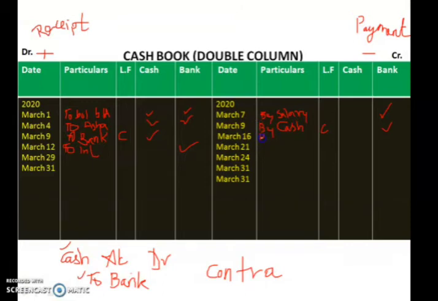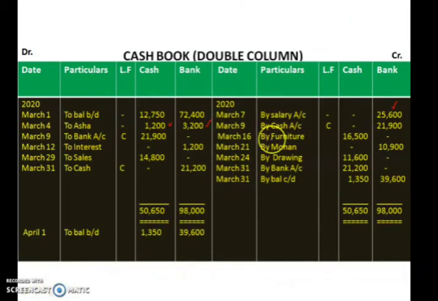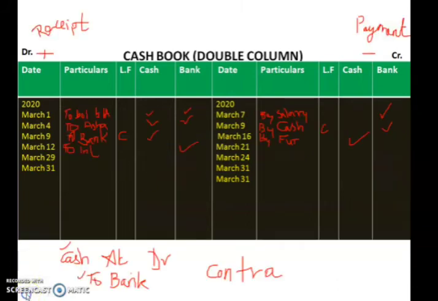Buy furniture. Okay, buy furniture, and because it is the cash which I have spent to purchase this furniture, the amount will be written in the cash column. See, buy furniture, amount I will write in the cash column as 16,500.